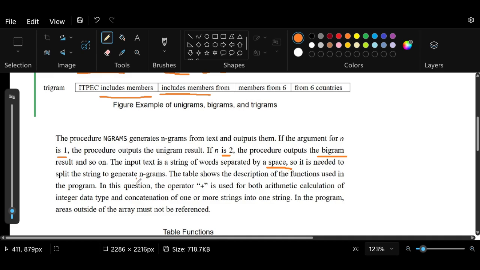So we know that each word is a word because of a space that separates each word from each other. The operator plus here signifies both arithmetic calculation of integer data type and also concatenation of one or more strings into one string.